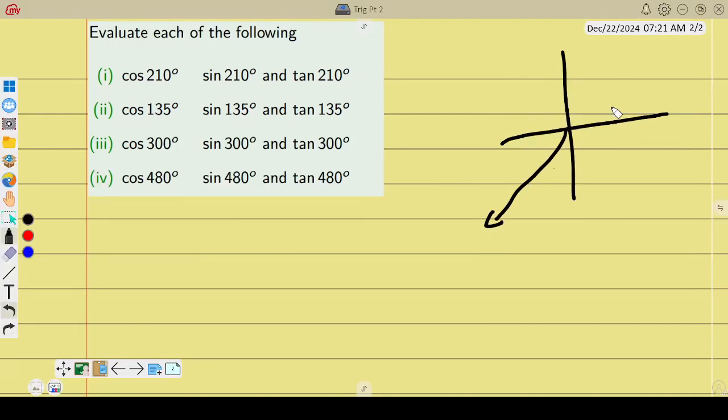This is 210. So your helping angle is this one. To find the helping angle, it's 210 minus 180. So this is like the one we answered for 220. So 210 minus 180, what do you get? You get 30. So your helping angle is 30.